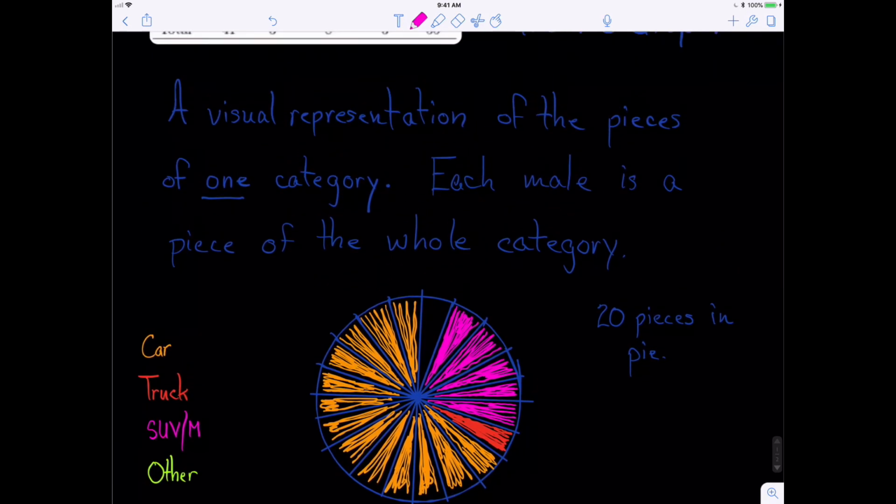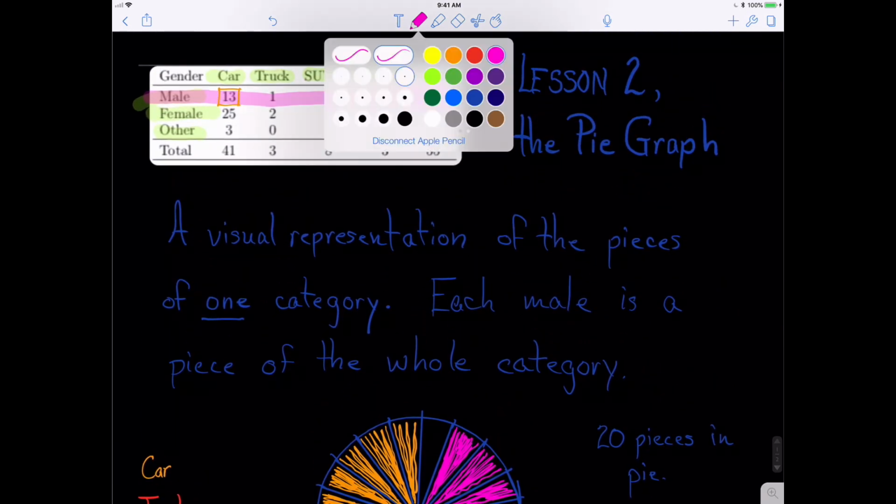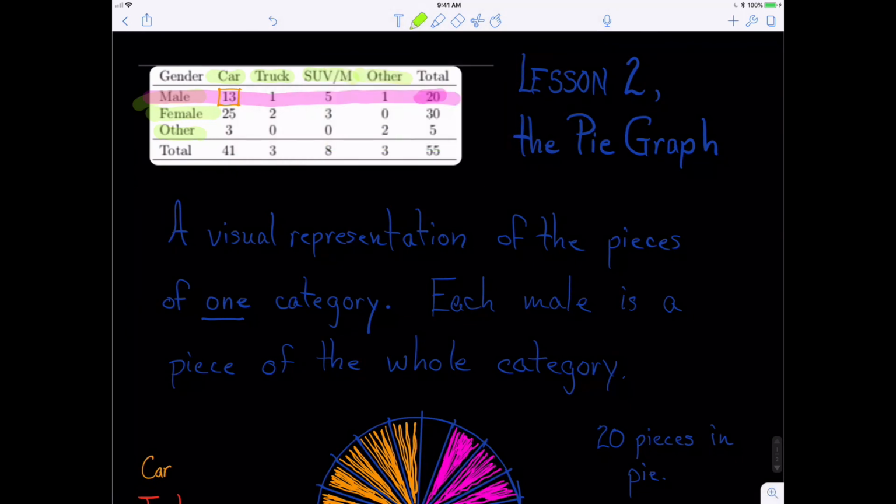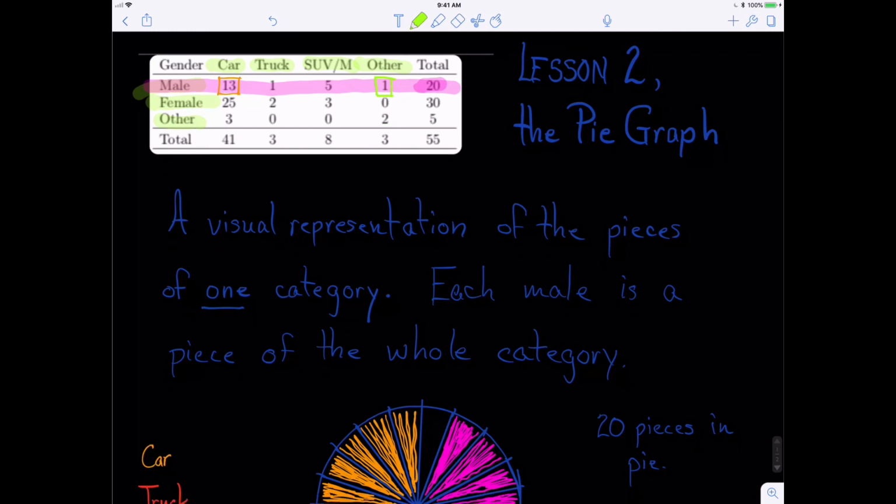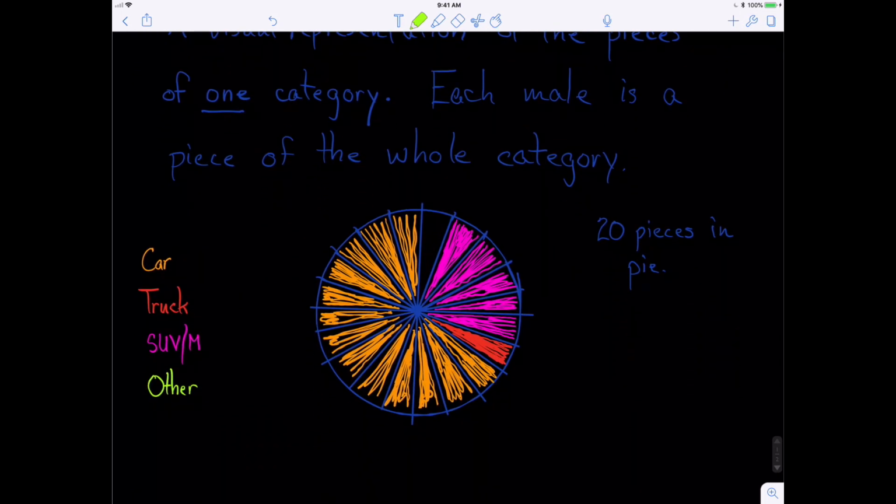Let's go check. If we come up here, we can use our light green, and look at that. There it is. There is the one male that used other forms of transportation. Maybe that male walked or took the bus, carpooled, or rode a bicycle.